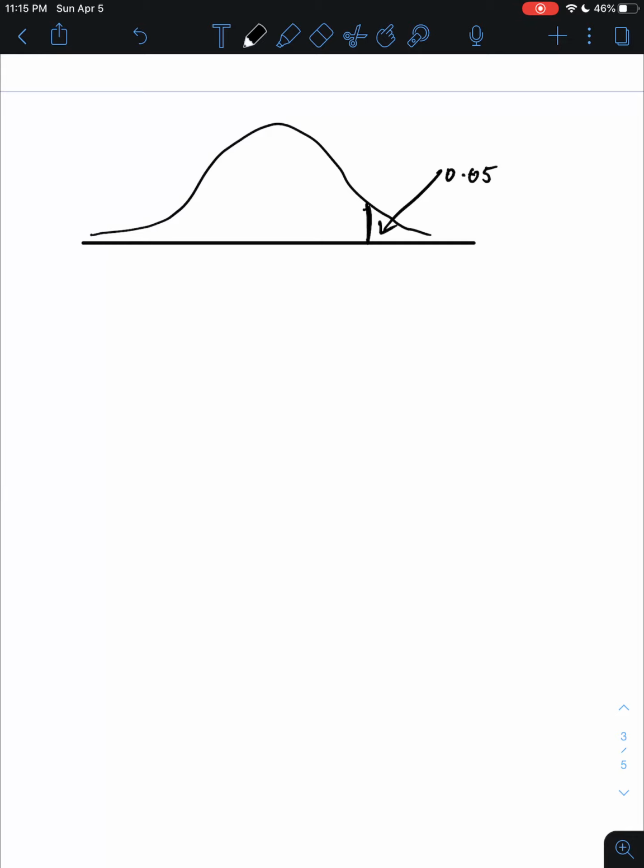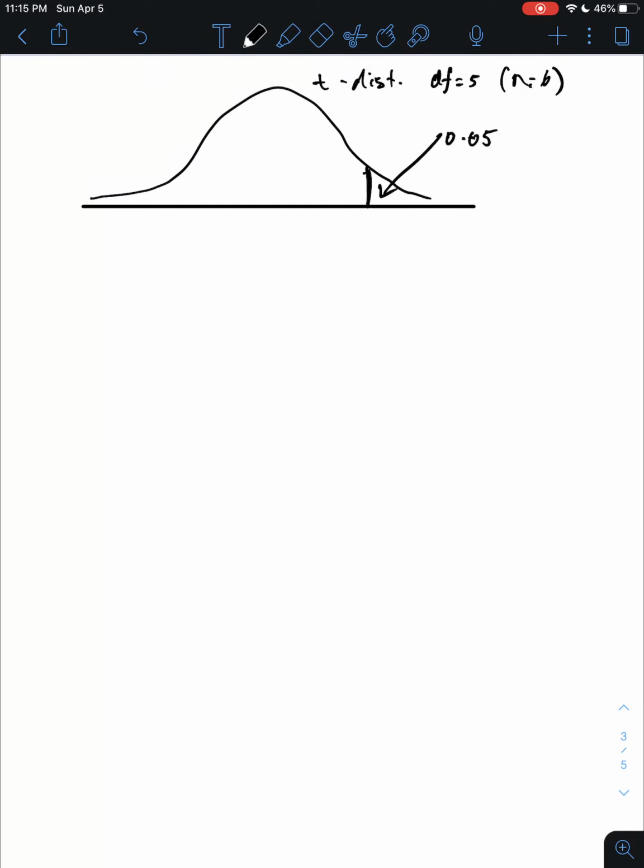But this is a t distribution. And we have 5 degrees of freedom. And that, of course, means that n is 6.